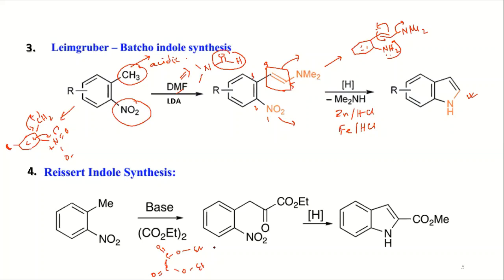So you have oxalate. Now this one, if you use base, definitely it will first react here and one of the OEt groups will come out. So the connection will be like this.